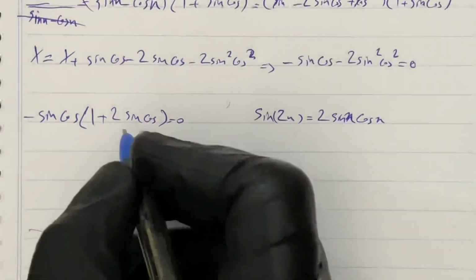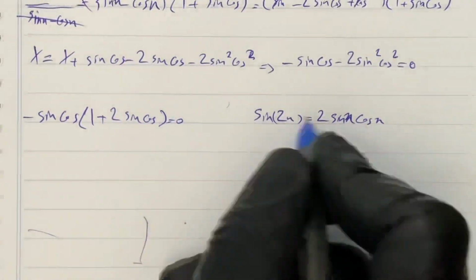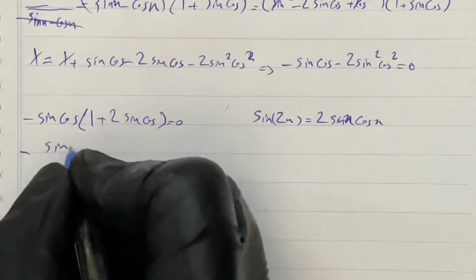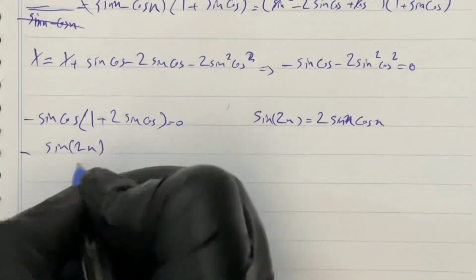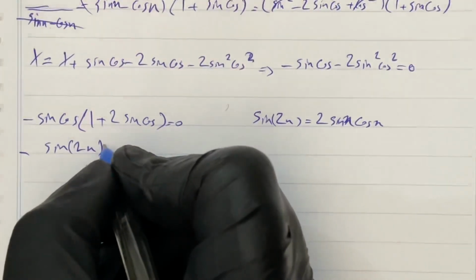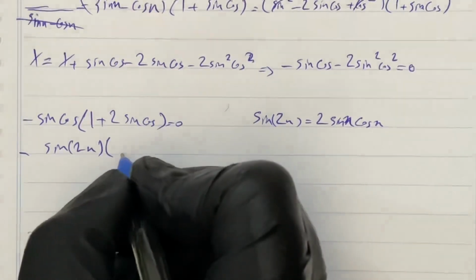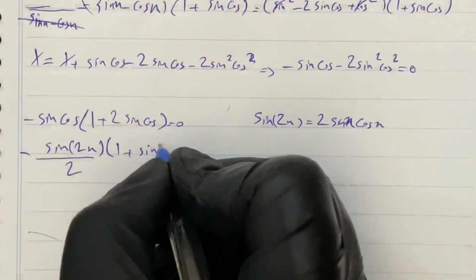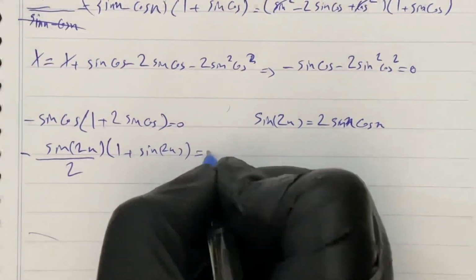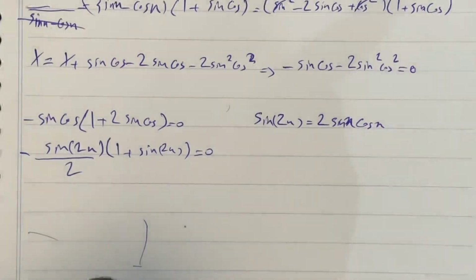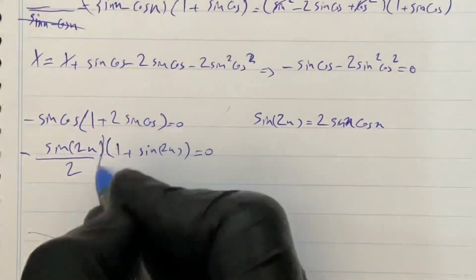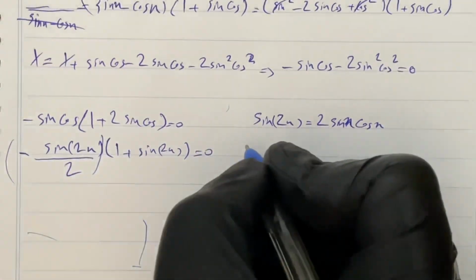So here we have negative sine 2x over 2 times 1 plus sine 2x equals 0. In order for this equation to be 0, we should get either this 0 or this 0. First, let's go into this.